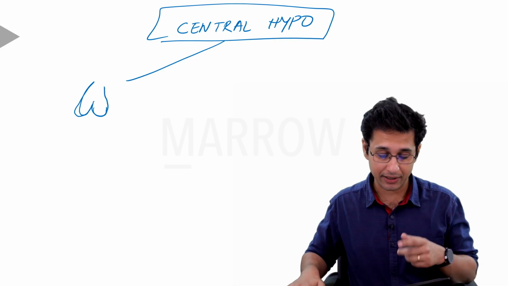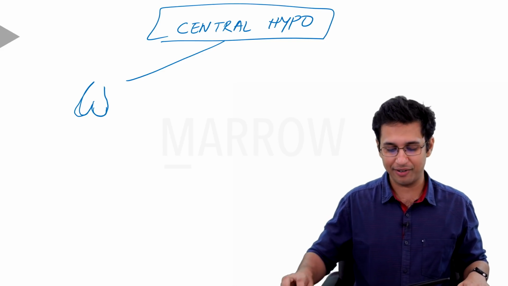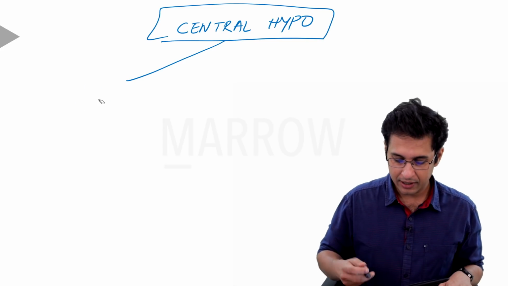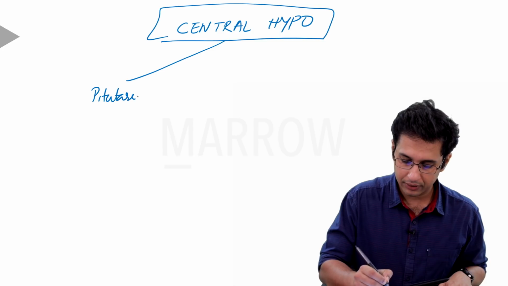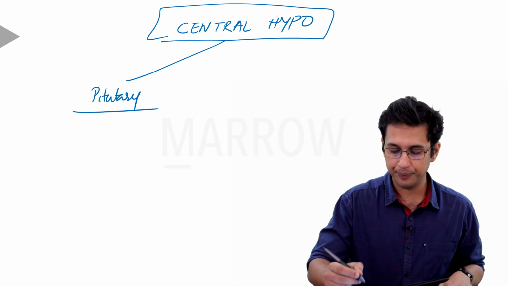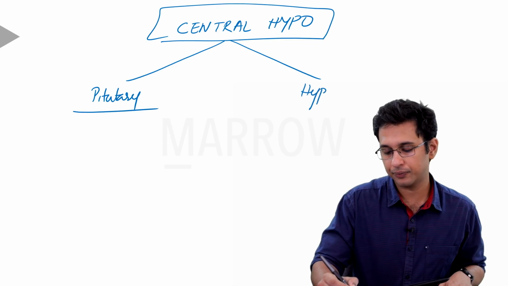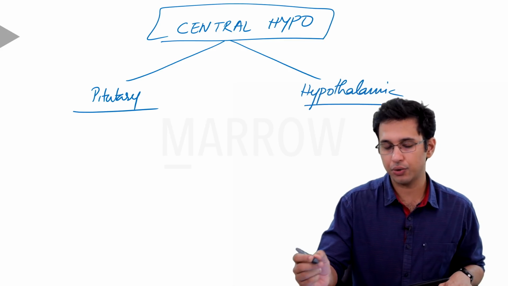In my class someone once said it's a testis, and I asked why. He said, because sir, you've drawn the left testis at a lower level. So maybe I'll not draw it here. I will write pituitary. Central pituitary. The other source is hypothalamic. These are the two sources.